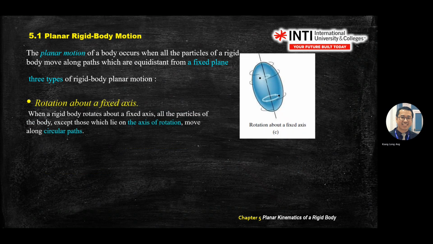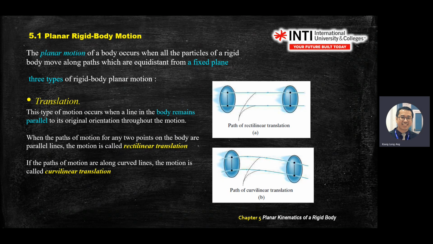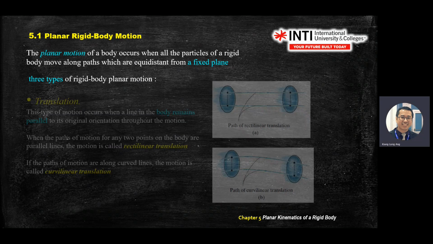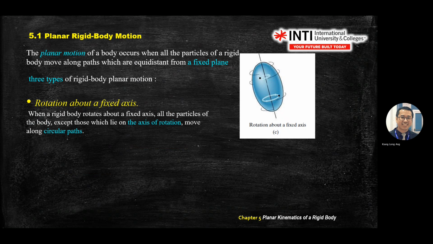So next is rotation. Just now was translation. In translation, it moved like what you see on the screen. Another one is rotation. You're now looking at a complete body, so you have a 3-dimensional movement now.